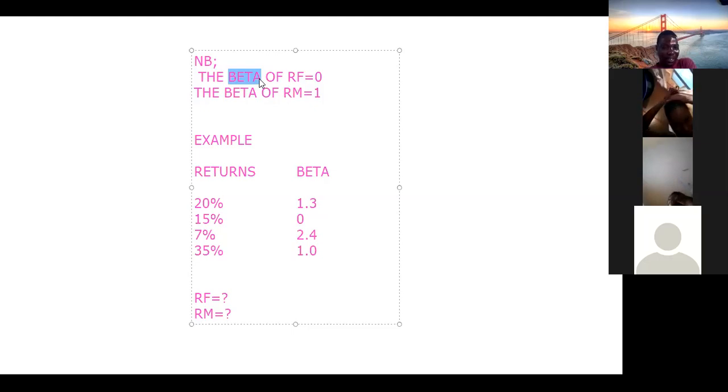The beta of RM is still 1. So RF here is how much? And RM here is how much? Yes, tell me. RM is how much?